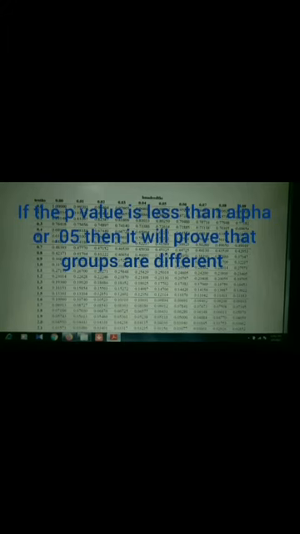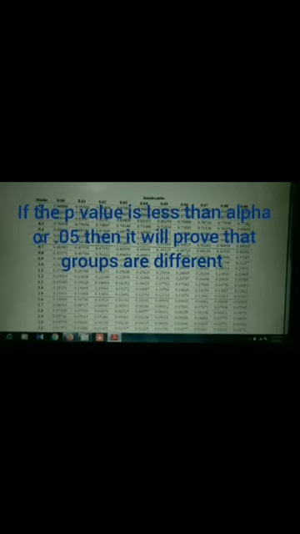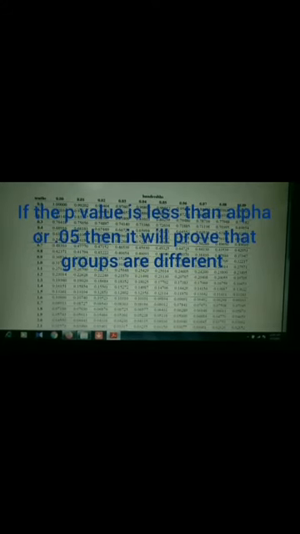If the p-value is less than or equal to alpha, or 0.05, then we can say that the groups are significantly different from each other. If the p-value is higher than alpha, or 0.05, then we can say that the groups are not significantly and statistically different from each other. So we need to find the p-value.